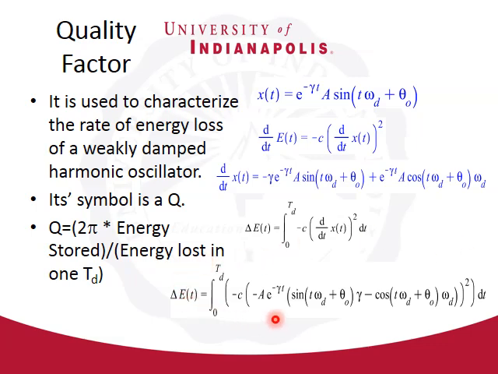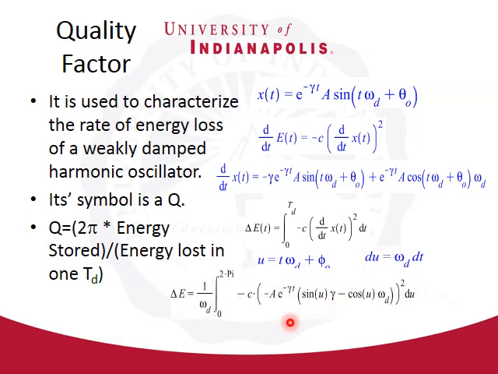We can actually integrate this if we apply a substitution method, and what I'm going to substitute is this term, and that gives me this du and dt, and if I plug in my substitutions I get this integral. Now to do this integral, it looks difficult, but we're going to apply a little trick here.